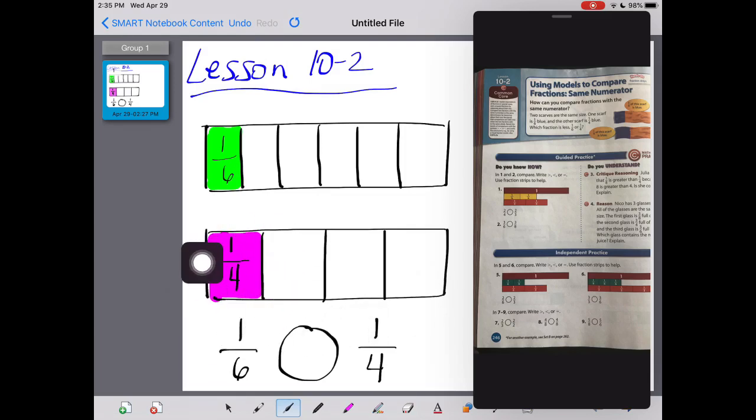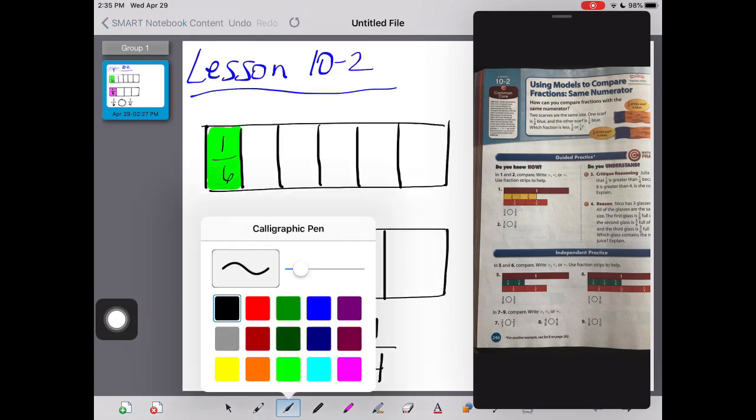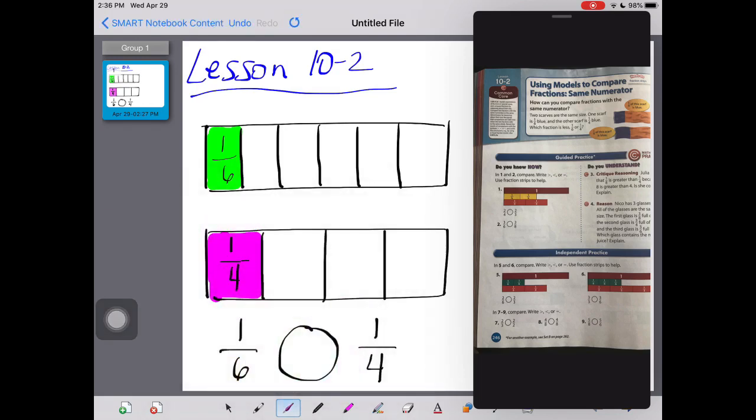And one of those equal parts is 1/4, and it's about that big. And as you can see, just by looking at it, it looks like 1/6 is not nearly as large of a piece as 1/4. So we would say that 1/6 is less than 1/4, right? Remember that alligator always has his big hungry mouth opened towards the larger chunk.